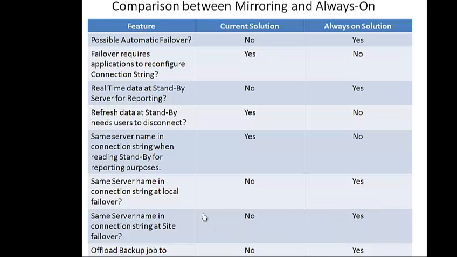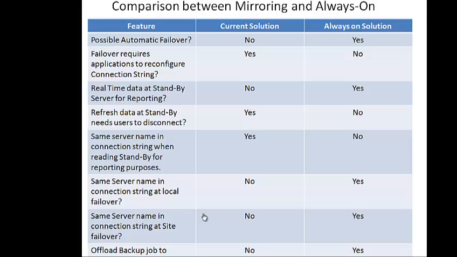So this is the quick comparison between mirroring and Always On for this particular client. I will go through the current solution and then what we will achieve using Always On. The first bullet point is possible automatic failover. Currently there is no witness server, so you cannot do automatic failover.